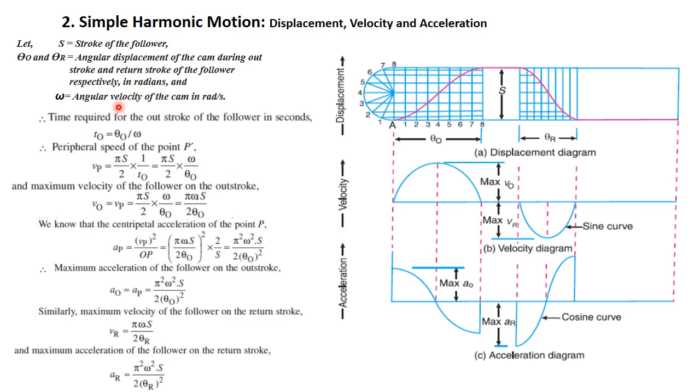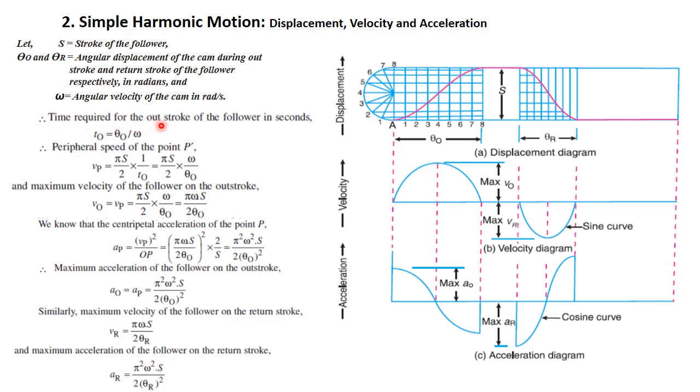Now when we see this omega, it is nothing but the angular velocity of the shaft which is attached to this cam. Therefore this angular velocity is constant.